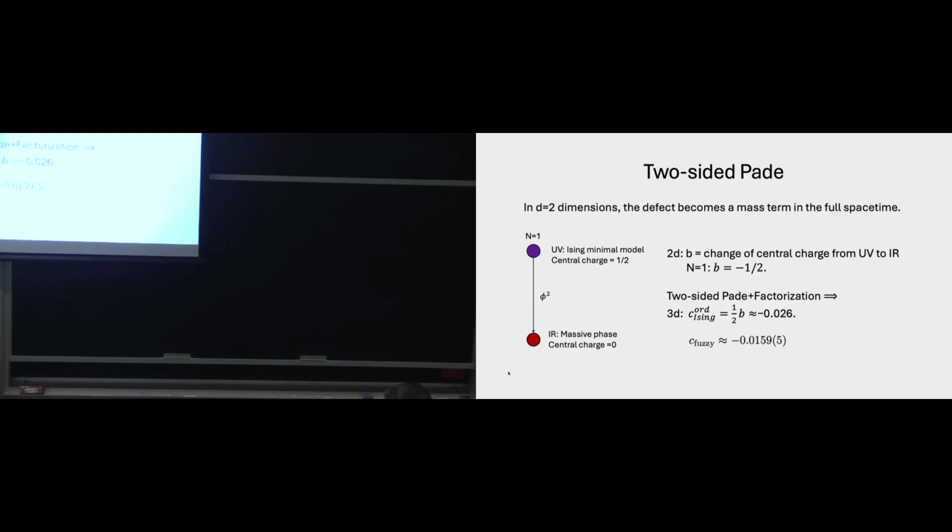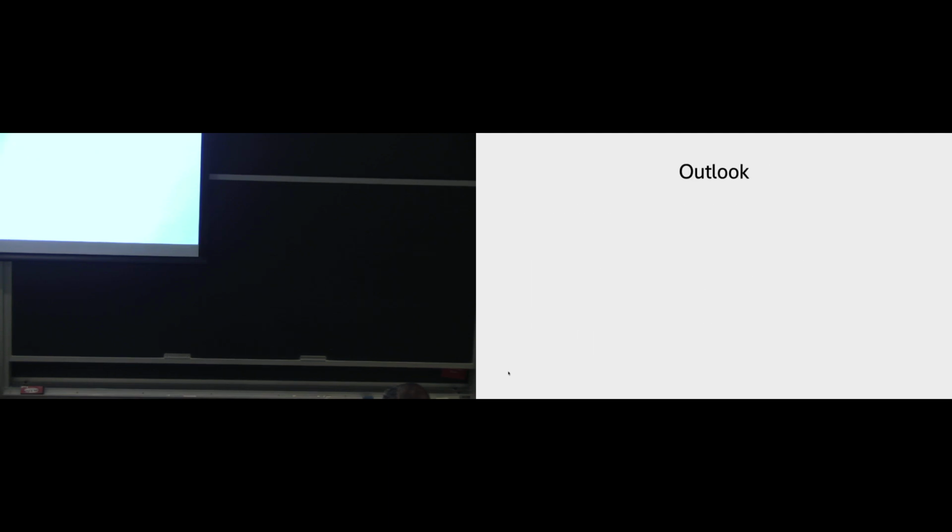So maybe the calculation is wrong, or we need a different resummation method for the ordinary case. Has there been an attempt to calculate this number from Monte Carlo? No. But it's really the only way we can compute it. Okay.